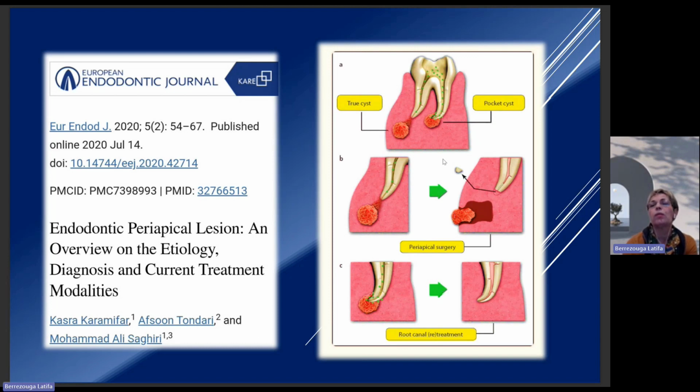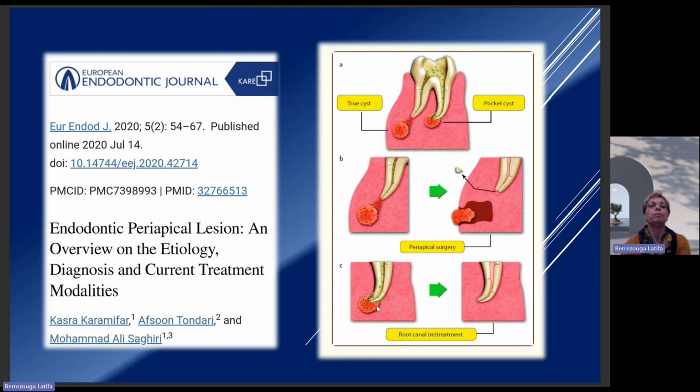But if a pocket cyst is in direct contact with the canal system and we disinfect and fill the canal properly, there will be healing of this lesion.